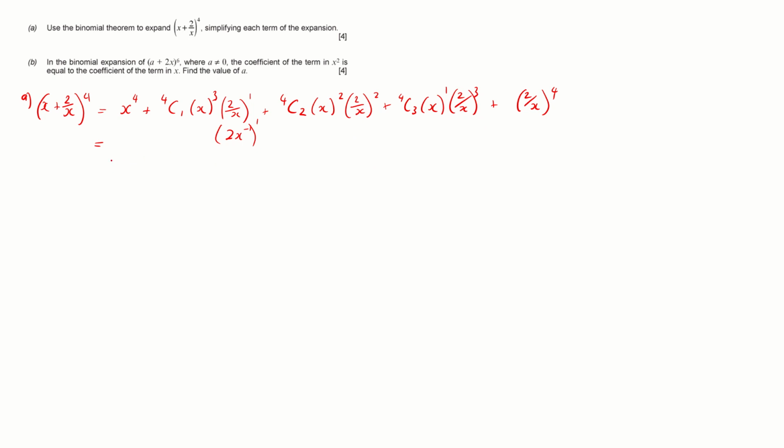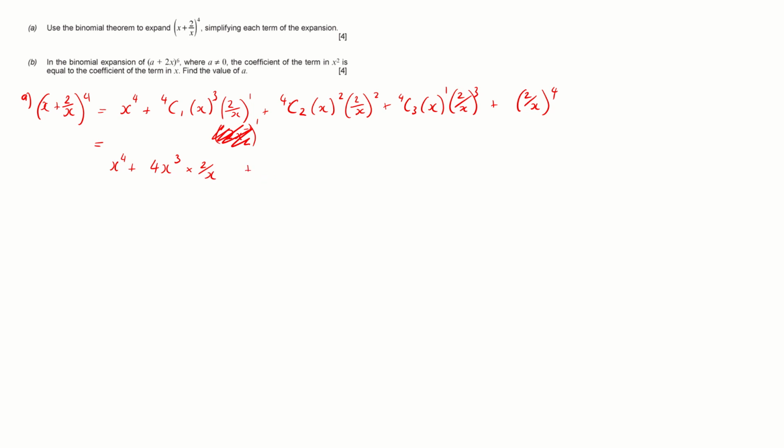You may not prefer that. So that's x to the power of 4 plus, now this is 4 times x cubed times this. No, actually, I'm going to go back on what I said. I don't really like that, because that ends up being 4 times x cubed times 2 over x. Maybe going to leave it like that for now.